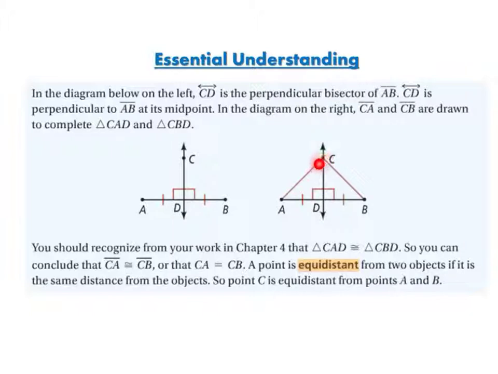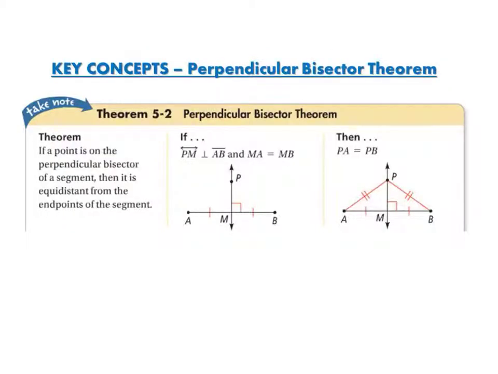So points A and B are equidistant from point C. The perpendicular bisector theorem states that if a point is on the perpendicular bisector of a segment, like point P, then it is equidistant from the endpoints of the segment, A and B. So when I connect P to A and P to B, I get two congruent sides of the triangle.